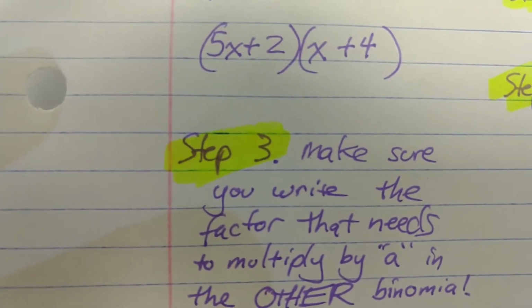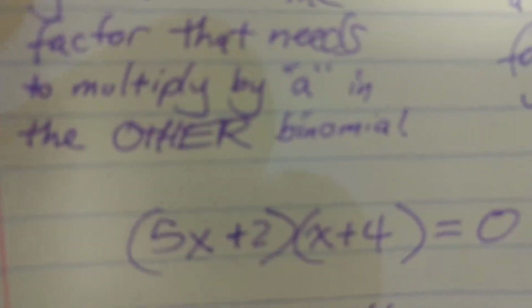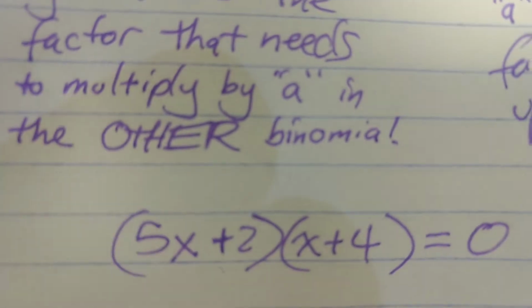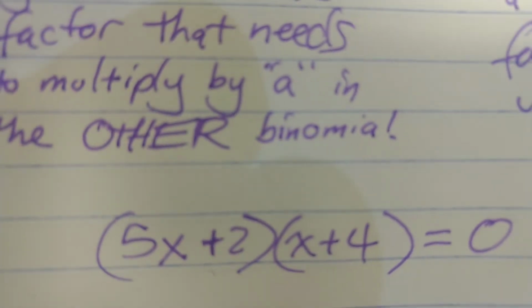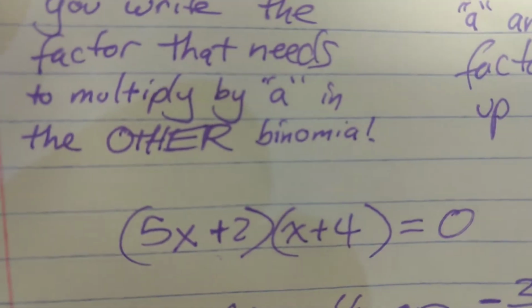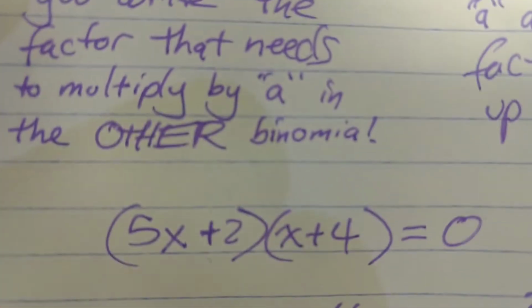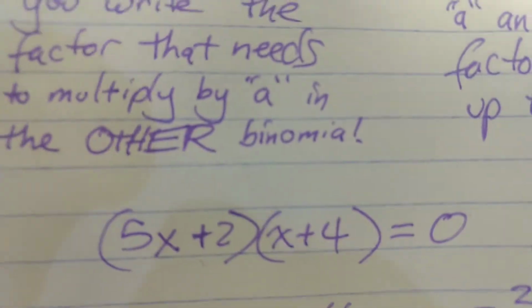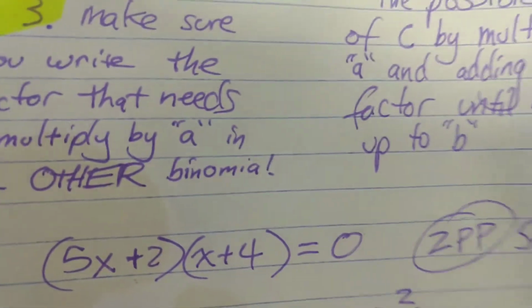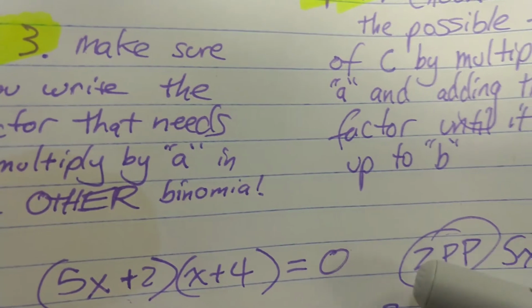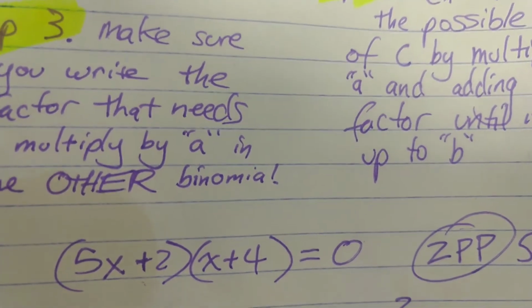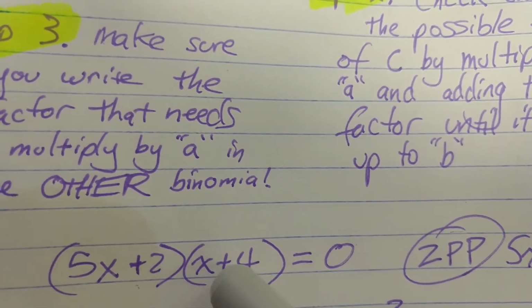Now, why is this interesting to us? It's opened up the world of rational or fractional answers to equations like this. Before, when we had equations like this, they were only integer answers. But now, when we set this up, using the zero product property, the ZPP, either 5x plus 2 is 0 or x plus 4 is 0.